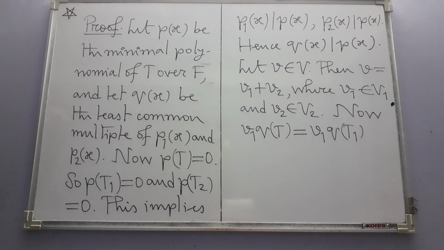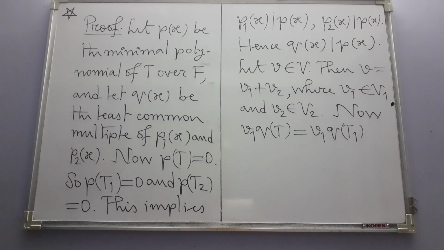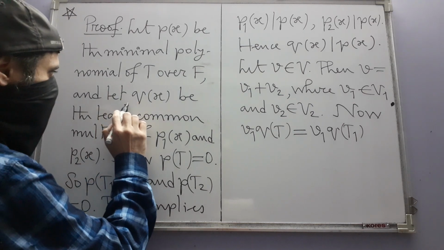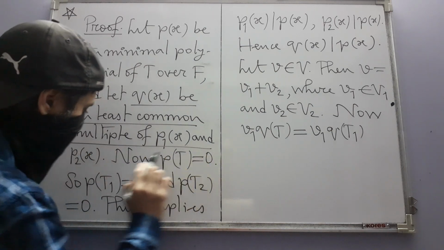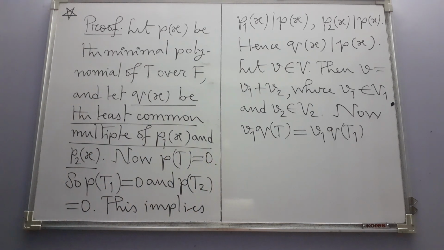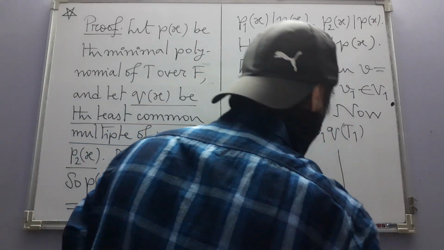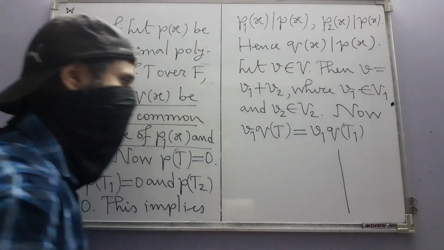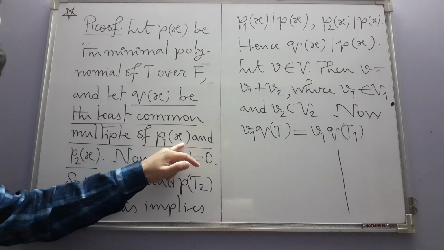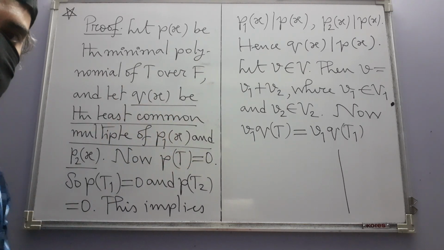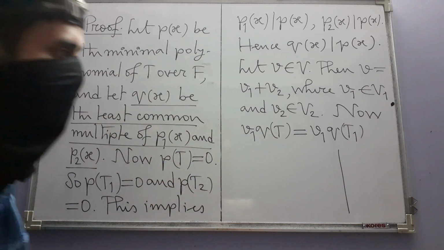Alright. Now, what is q? Q is the least common multiple of p1 of x and p2 of x. This means that in particular, p1 of x divides q of x. It also means other things, but p1 of x divides q of x.